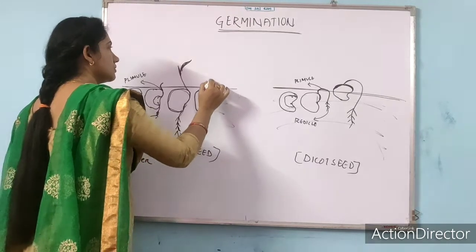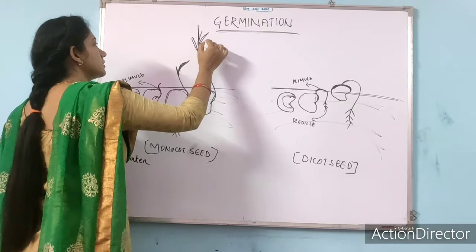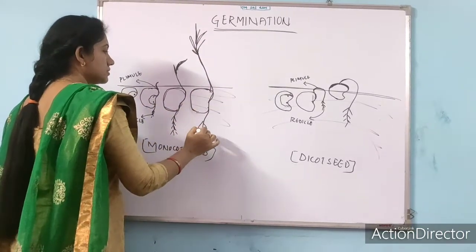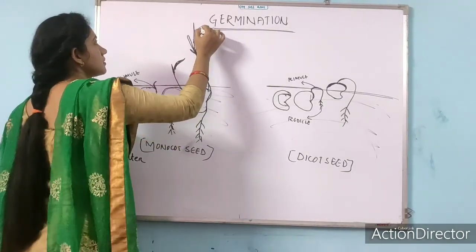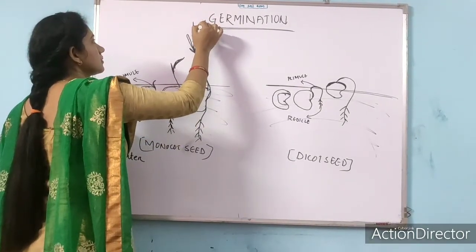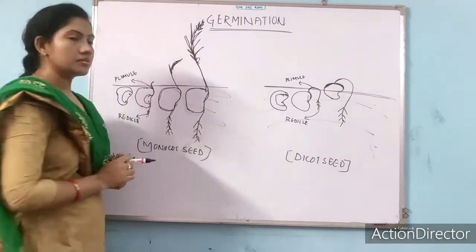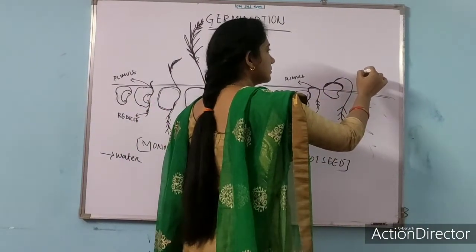Then after that, it will form a new plant, suppose a maize. Here also it will fully come out.